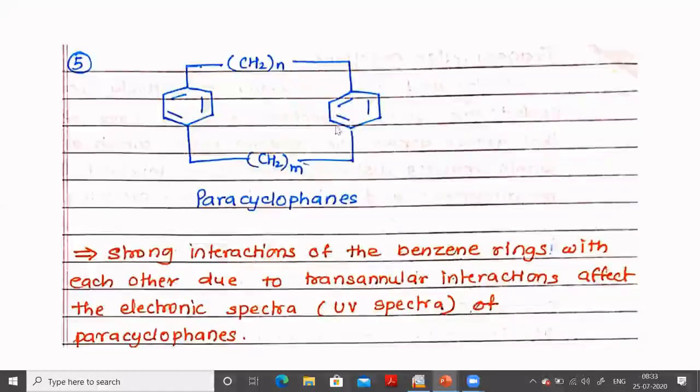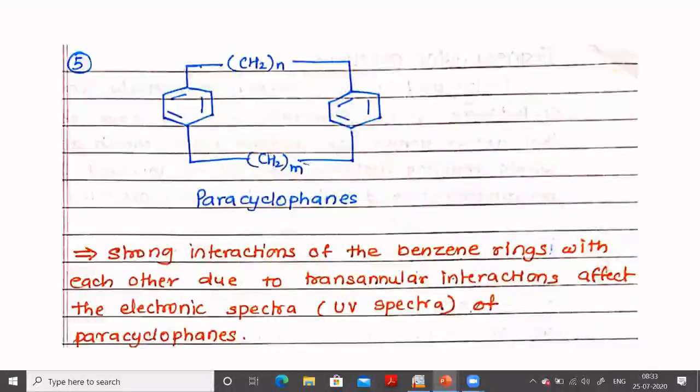But over here, since these two benzene rings are present across the ring, they are involved in transannular interaction. And because of this, the regular UV spectra will be affected. Whichever regular spectra you would get in the UV for these two benzene rings will be affected because this time these two benzene rings are present in a medium size ring and they are involved in transannular interaction.